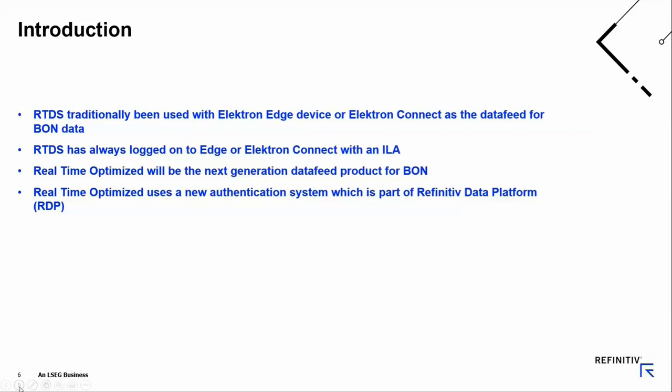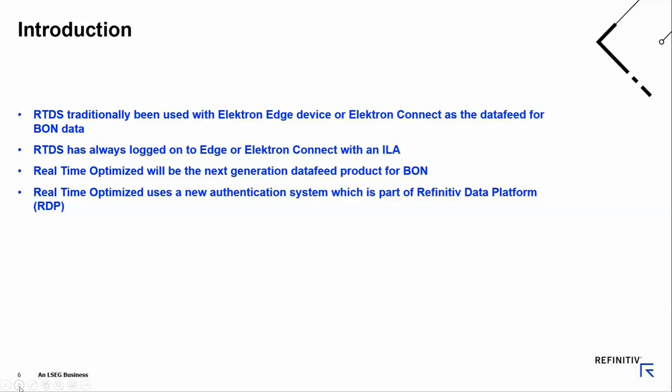That is the conflated variant of the Refinitiv Real-Time feed. So that's where Refinitiv will conflate quote updates down to 3 updates per second. RTDS traditionally has always used an ILA as a login to either the Edge device or Electron Connect.